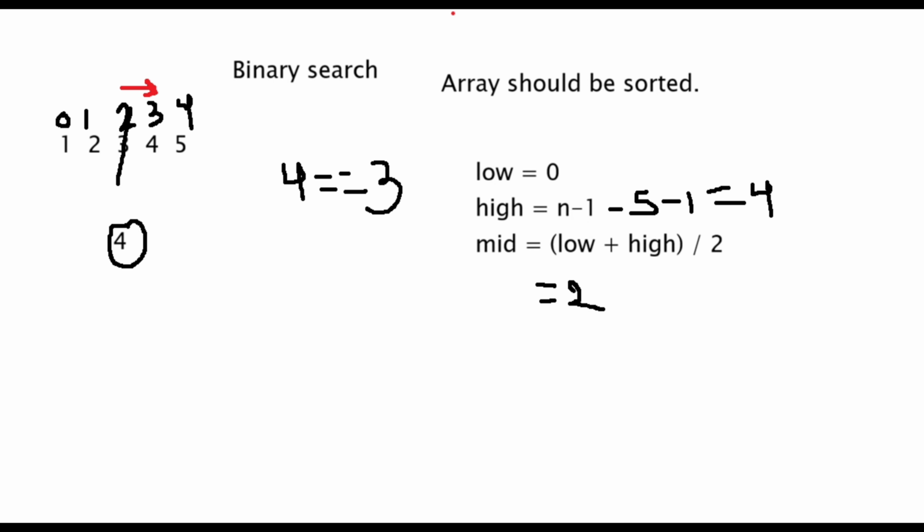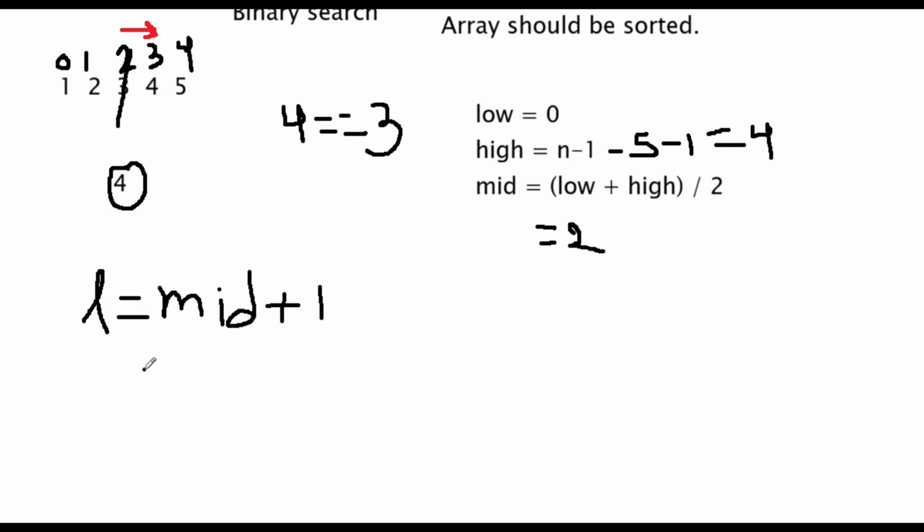So now what is the low value? Please pause the video and guess if you already know the answer. It is low equals mid plus 1, guys. If you are tracing the code here, the mid value is already 2, so 2 plus 1 is 3, so low equals mid plus 1.